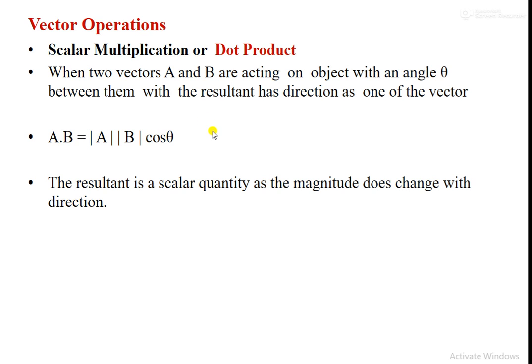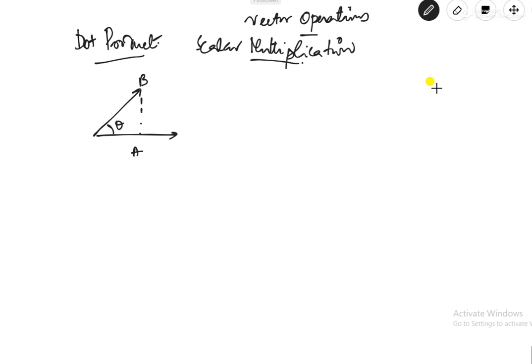So I will describe here how we go about it. Here we talk about vector operations, the dot product, also called scalar multiplication. There are two vectors A and B with an angle theta. When this vector is projected onto vector A, this is equivalent to, you can call this by and this is bx, right?